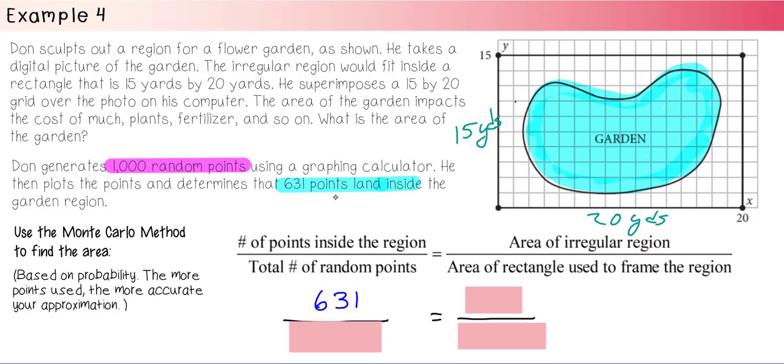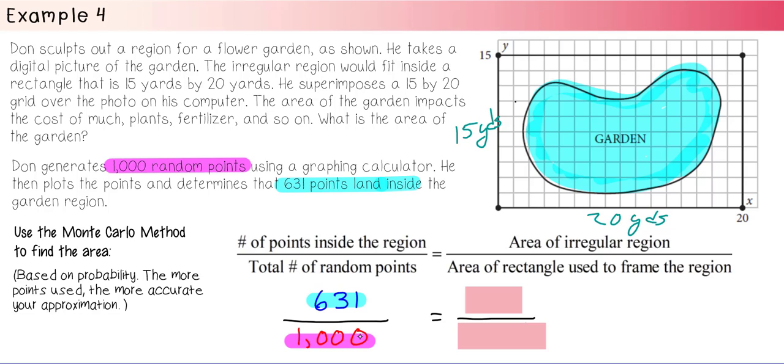We got that from right here, our blue highlighted area. The total number of random points was 1,000. That was the number of points that we had generated.